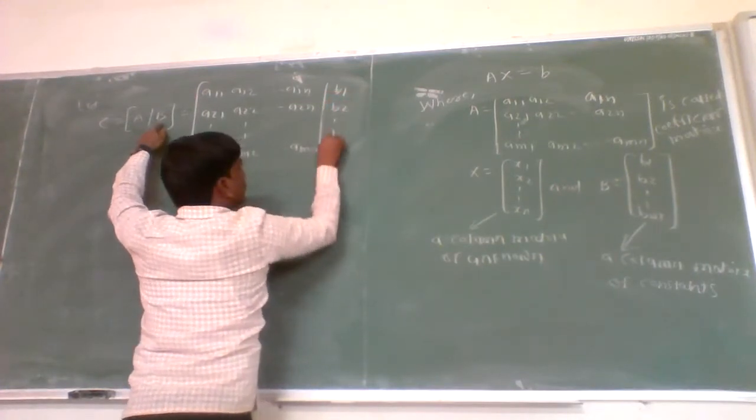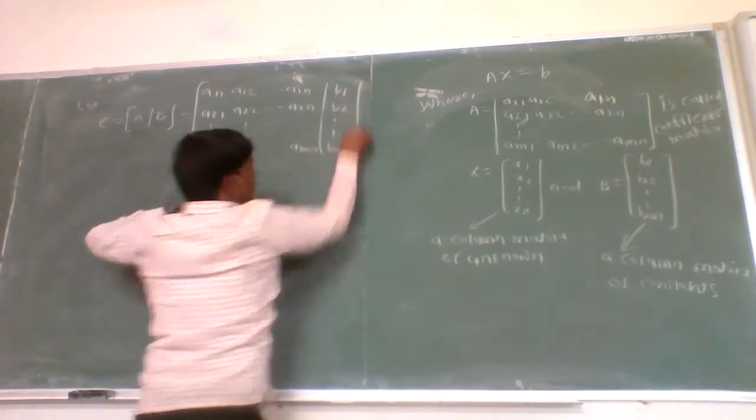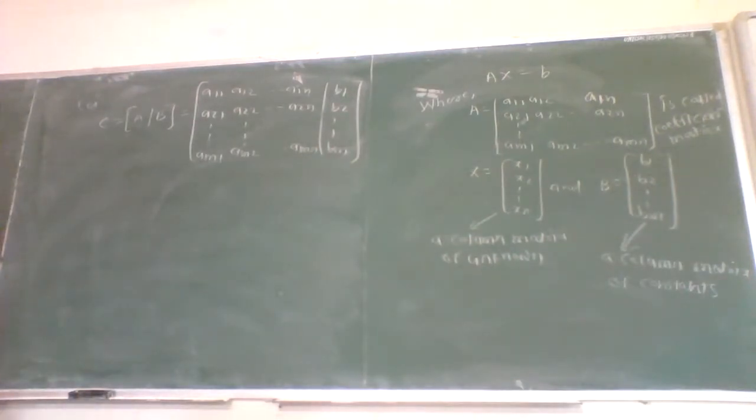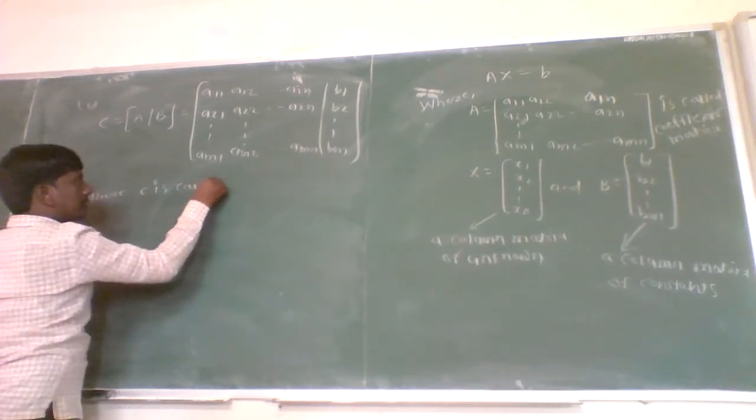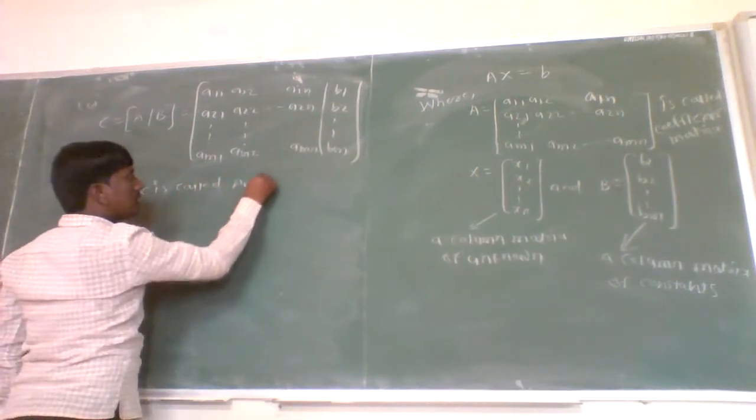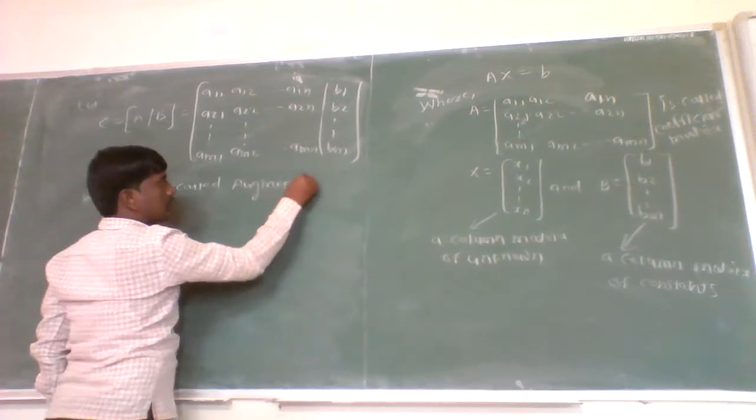And C is called the augmented matrix. This type of matrices are called augmented matrices. Okay.